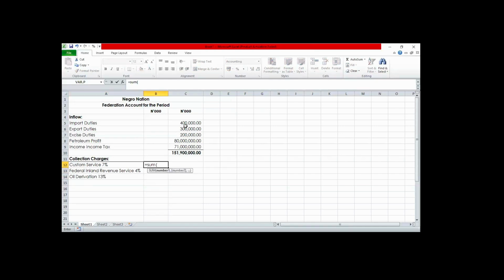900 million, 7%, we have 63. Then for the Federal Inland Revenue Service, that one is 4% times income tax, because that's the only thing that relates to their own end.